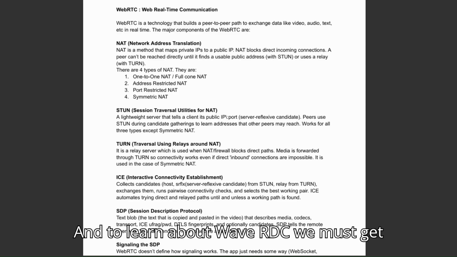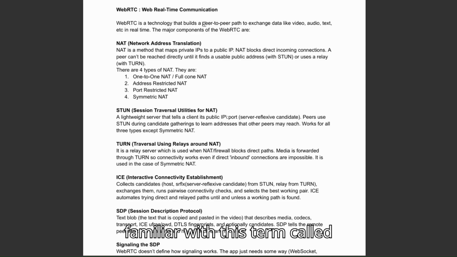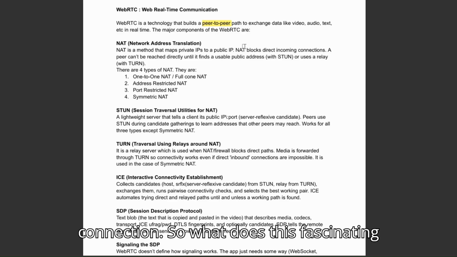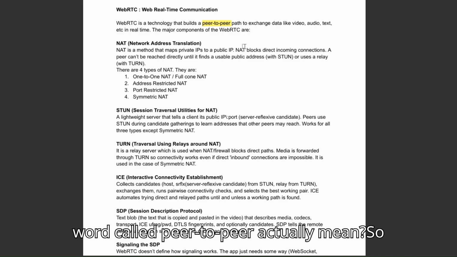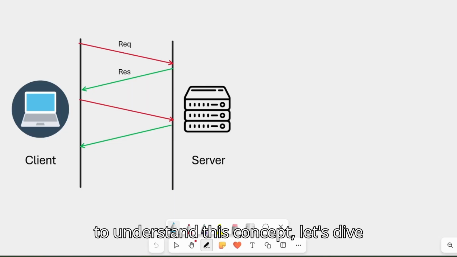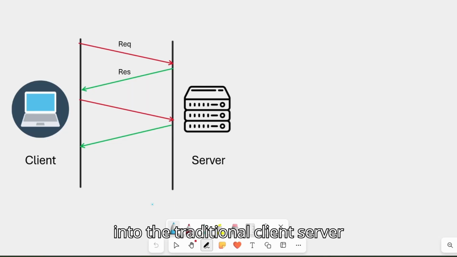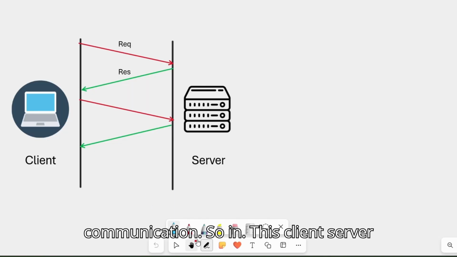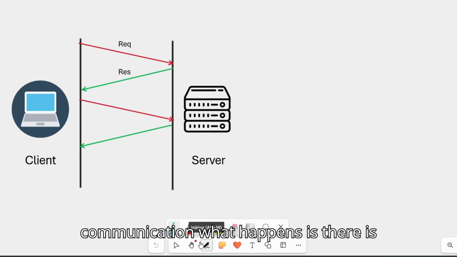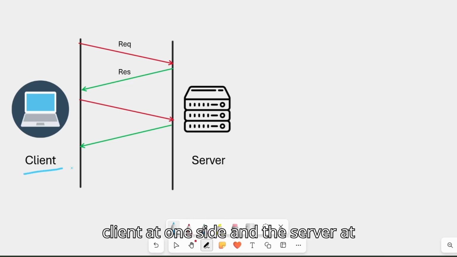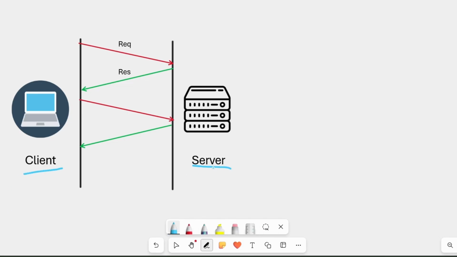And to learn about WebRTC, we must get familiar with this term called peer-to-peer path or peer-to-peer connection. So, what does this fascinating word called peer-to-peer actually mean? To understand this concept, let's dive into the traditional client-server communication. In this client-server communication, there is a client at one side and the server at another side.